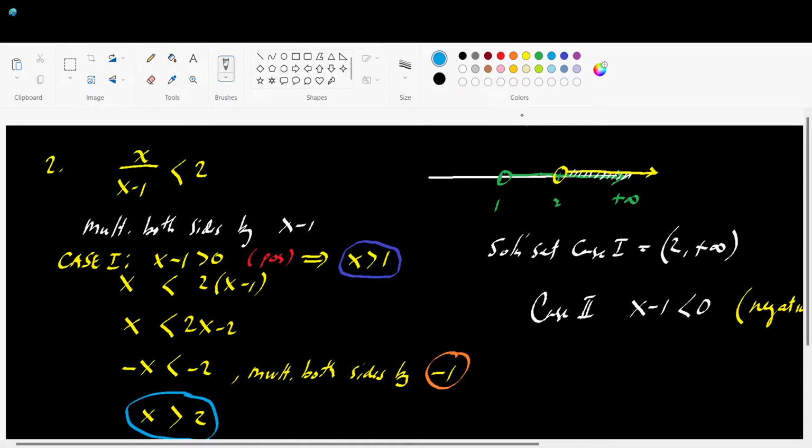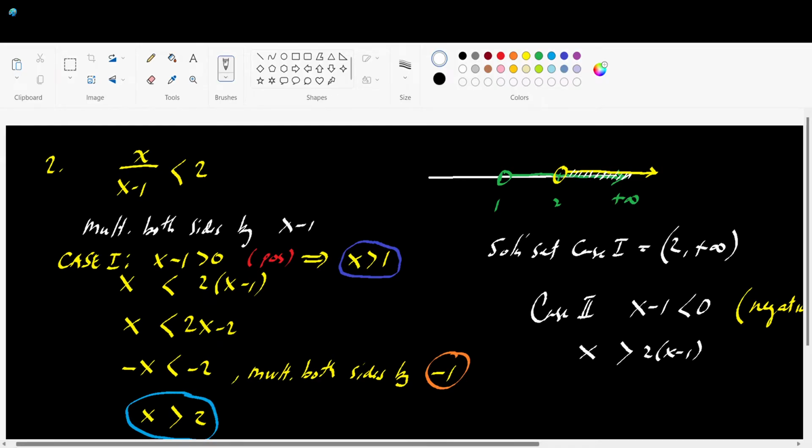We will still be getting x and 2 times x minus 1. But because we are multiplying both sides by x minus 1, which is a negative number, we need to reverse the inequality. From less than, it should become greater than.